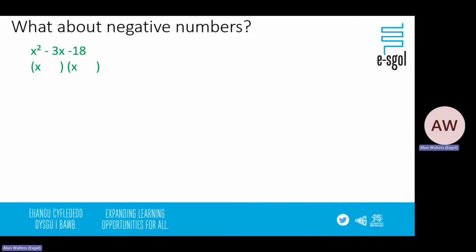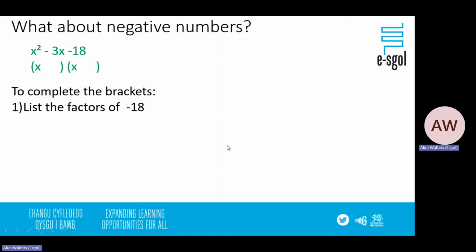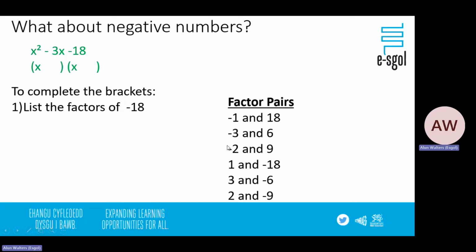Same set of factor pairs, because we were given a -18. So there's the factor pairs as I listed previously, but we now want the number in front of the x to be -3, as shown here.